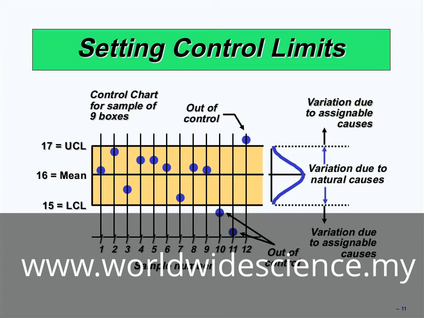All of these blue spots are a pair of numbers, hour or sample time, and X bar. When you draw the LCL and UCL, they are two horizontal lines that cross the vertical axis at 15 and 17.